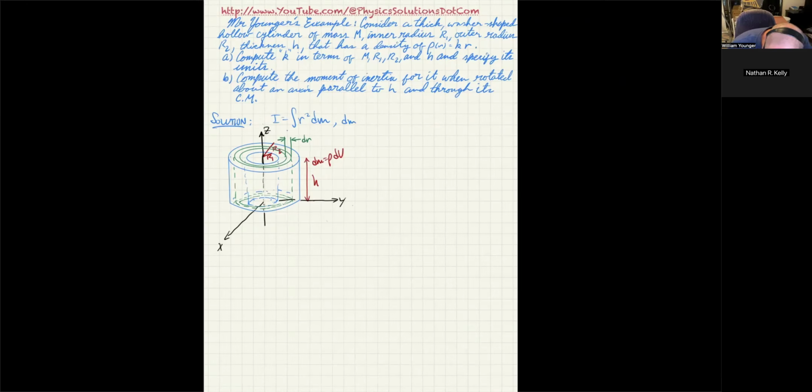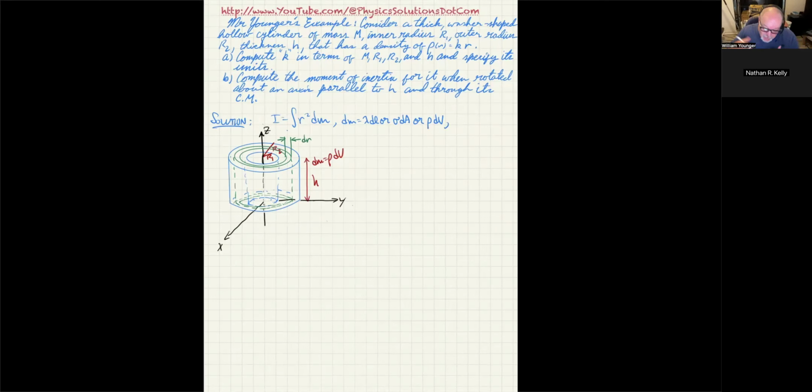Of course, we told you that whenever you use I equals integral of r squared dm, or the center of mass is equal to the integral of x dm over the integral of dm, or the center of mass in the y direction equals the integral of y dm over the integral of dm, whenever you use that dm, it's either going to be a lambda times a dl, or a sigma times the differential area element, or a rho times the differential volume element. One of those three.